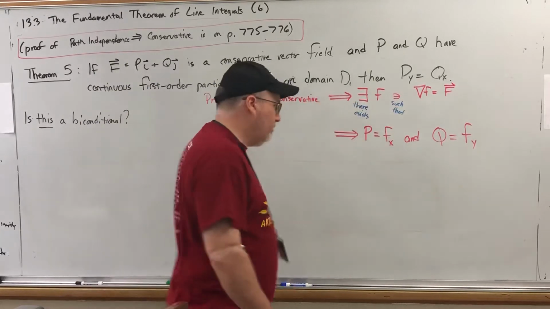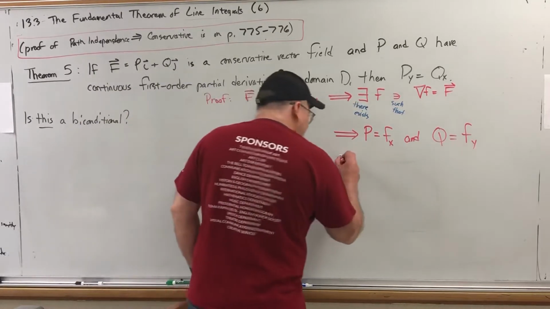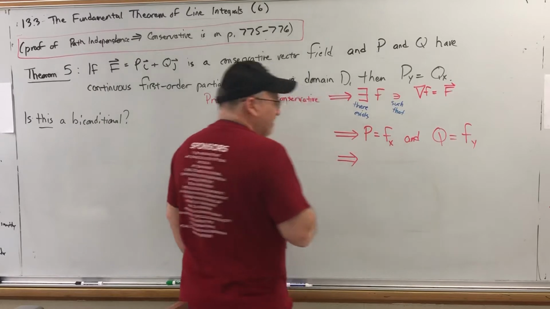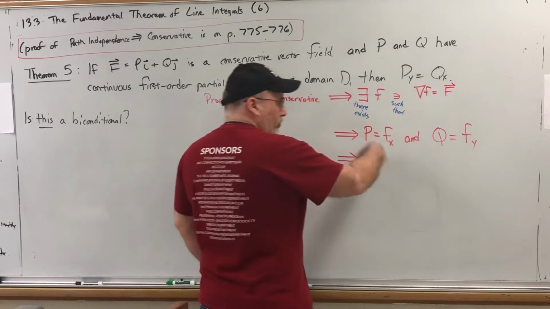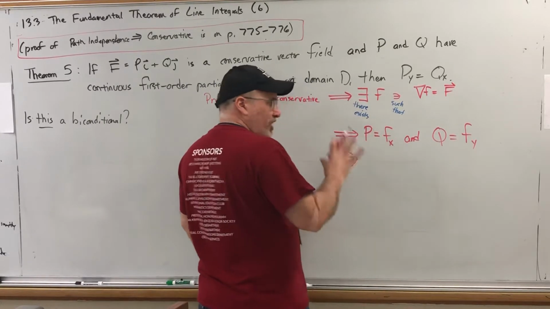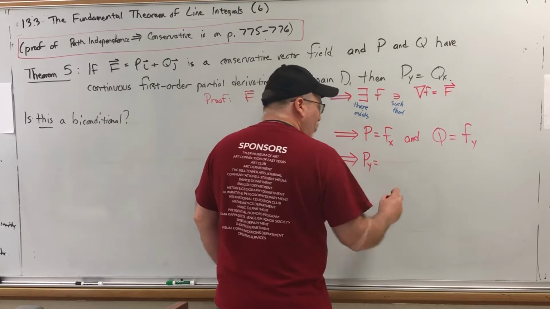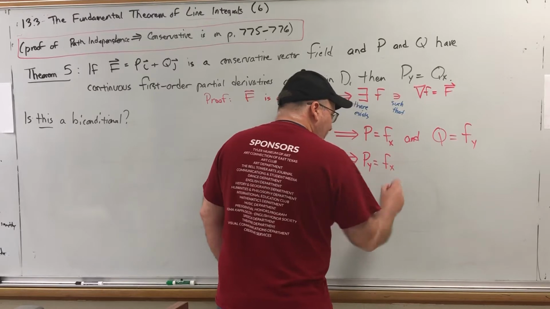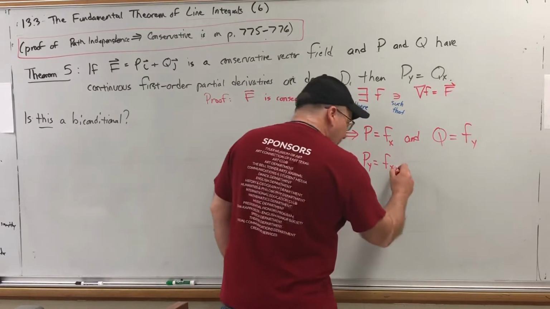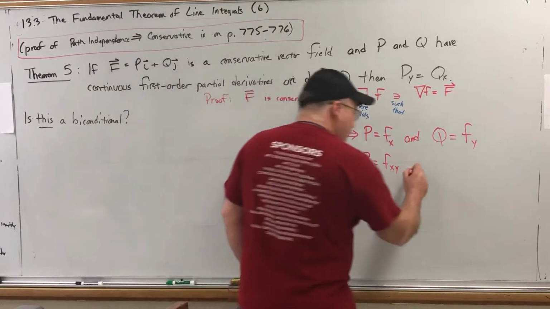But what does this imply? This implies that if I take the partial derivative of this first equation on both sides with respect to y, the partial derivative of P with respect to y is the partial derivative of f with respect to x with respect to y.